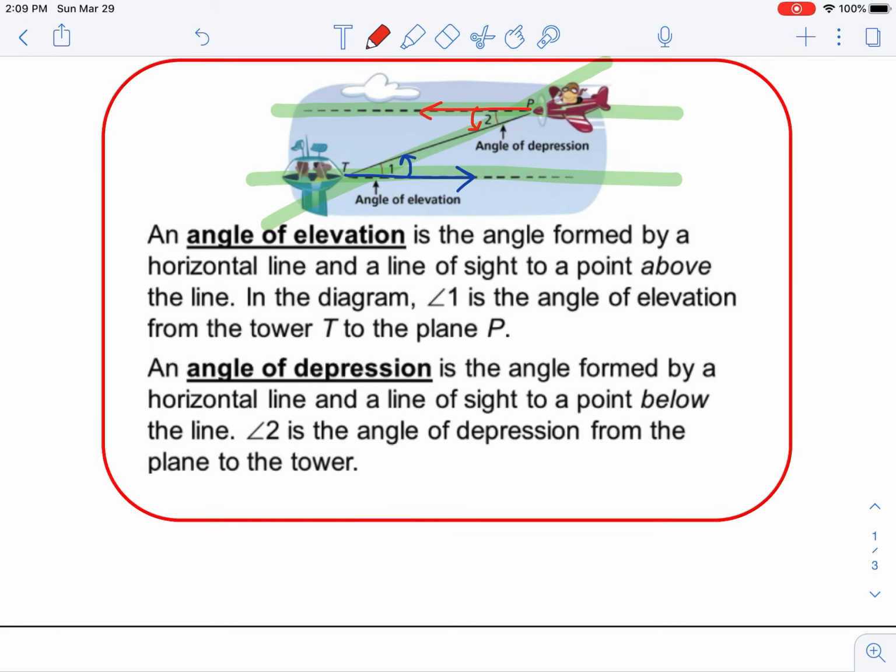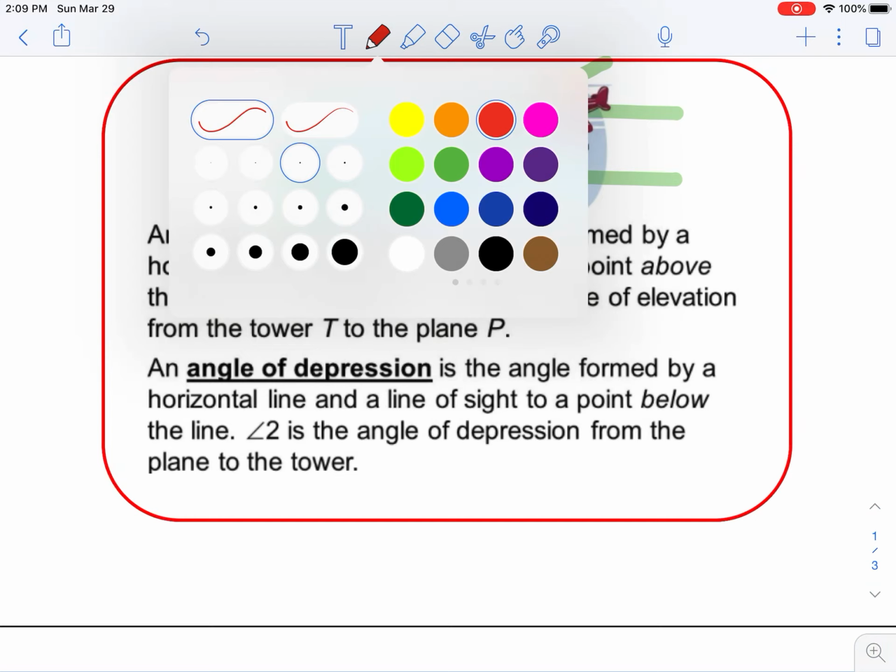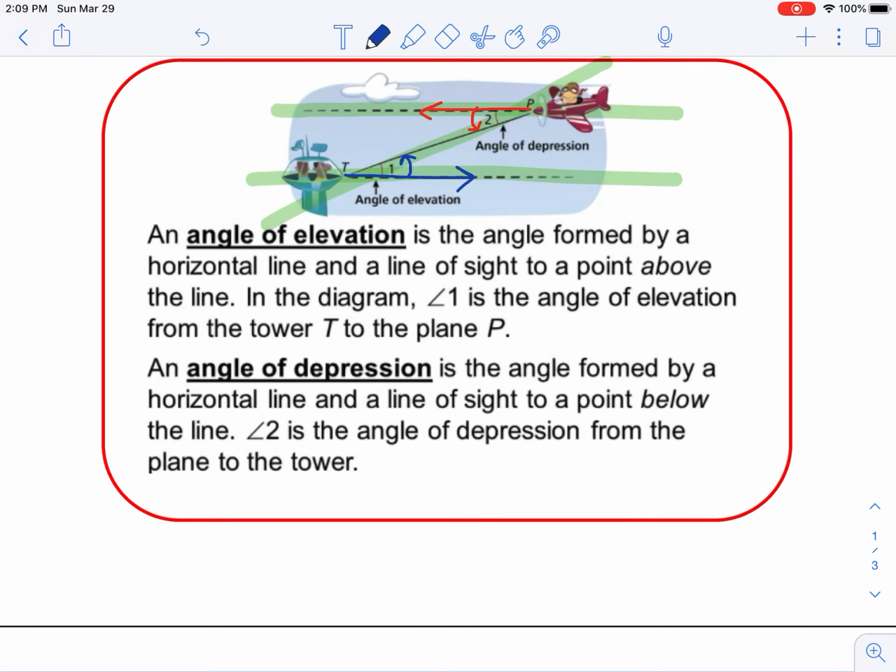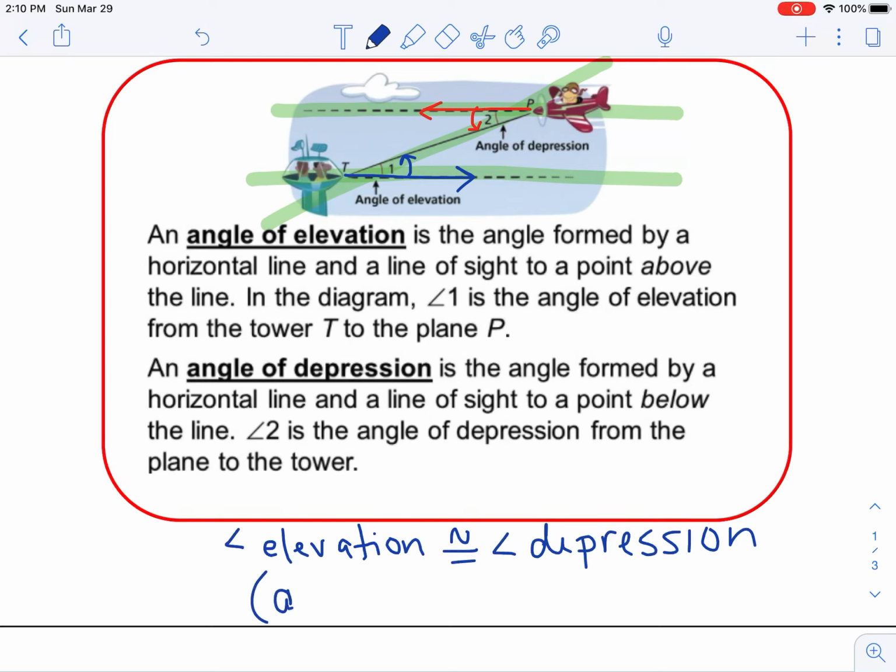Because they're alternate interior angles, right? So the angle of elevation is congruent to your angle of depression because they are alternate interior angles. Of course, I had to say they're parallel lines cut by a transversal.